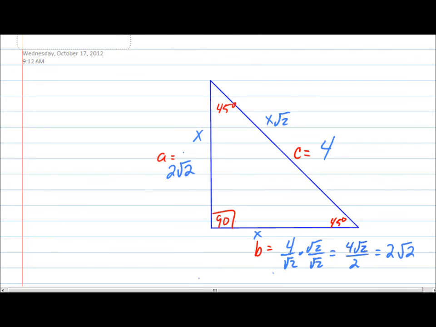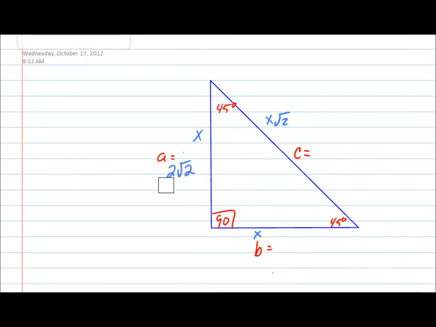Let's do a couple more examples real quick, just so I can make sure that you got it. This time the hypotenuse is, say, 20. No, let's not use 20 since I just used 2 or 4. Let's do something that's an odd number, say 5.